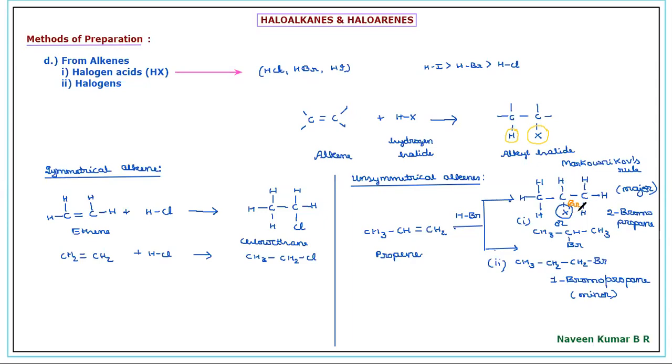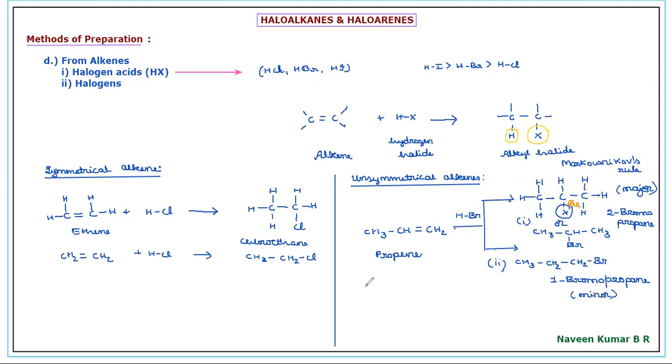We know the actual reason for this from the mechanism steps. The carbocation generated in this case will be a secondary carbocation, whereas in this case it is a primary carbocation. As the secondary carbocation is more stable, 2-bromopropane will be obtained as the more stable product in major yield, whereas with the lesser stability of the primary carbocation, 1-bromopropane will be obtained in lesser yield.